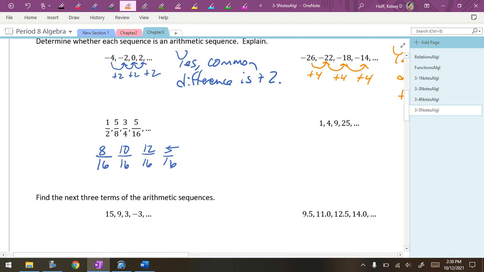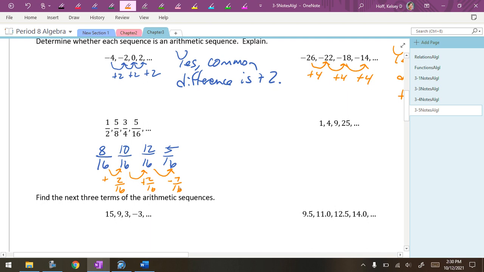How do I go from 8/16 to 10/16? Plus 2/16. That is not 1/4. 10/16 to 12/16, plus 2/16. 12/16 to 5/16, subtract 7/16.